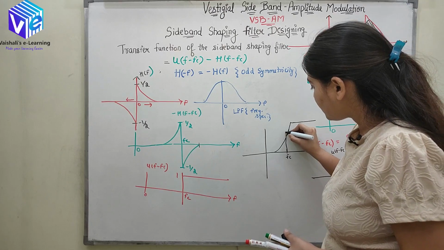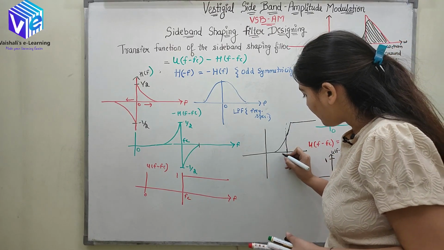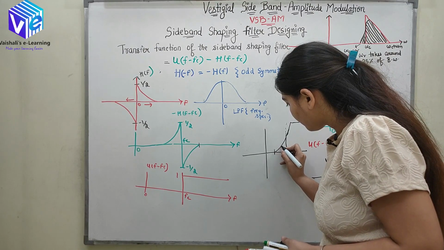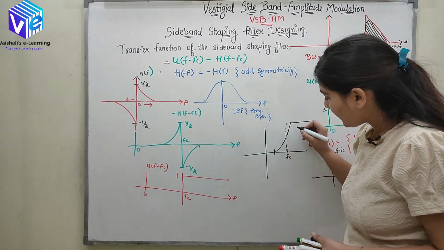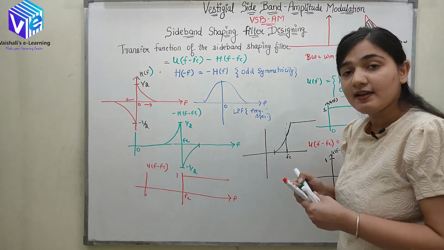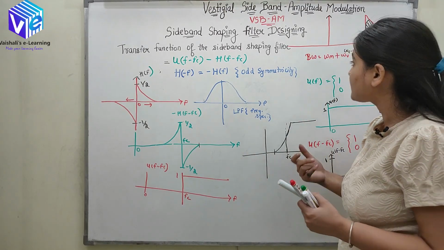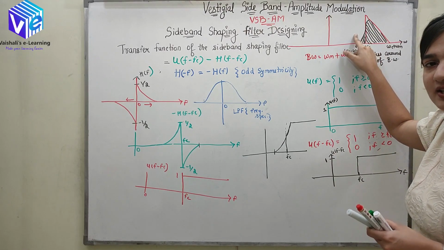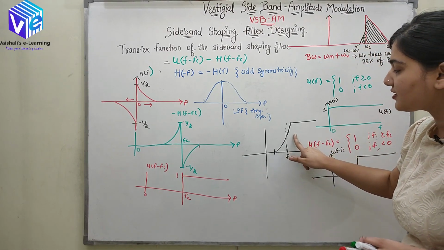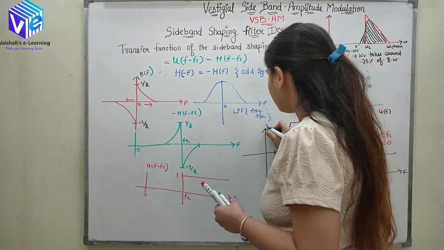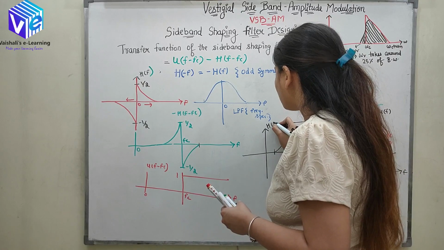So now you can see from here that before fc I have this low pass filter, and after fc this is represented like this. So in my previous video where I was discussing the vestigial sideband generation, there I used this kind of filter for the generation of vestigial sideband. So now this represents my H of f.